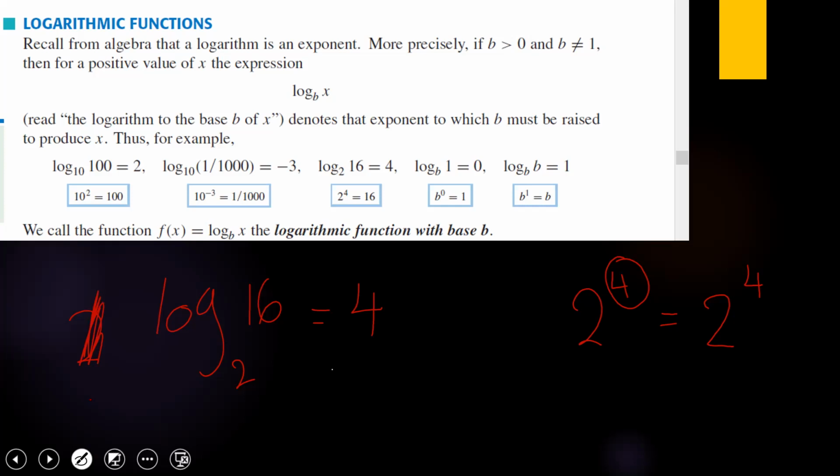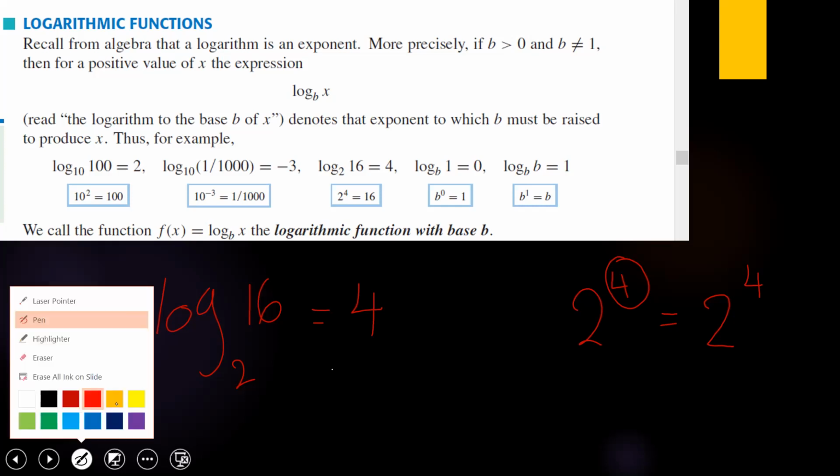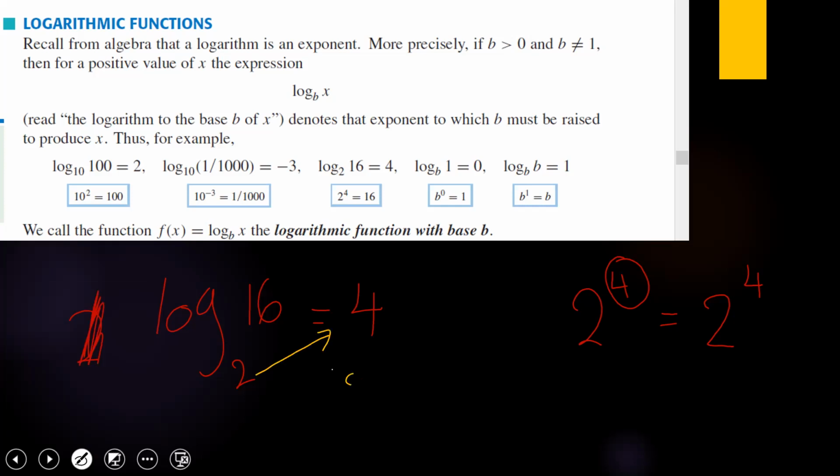Because 2 to the power 4 is 16. Is it clear? Yes, teacher. Fine.